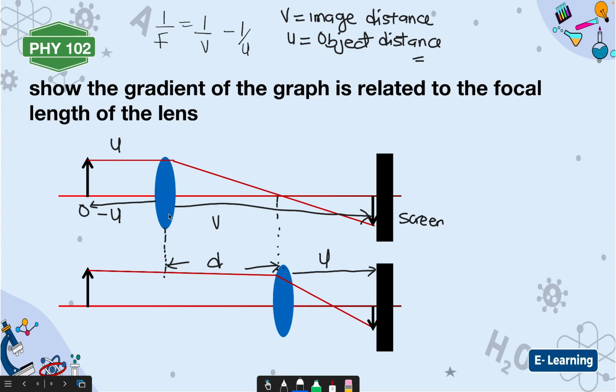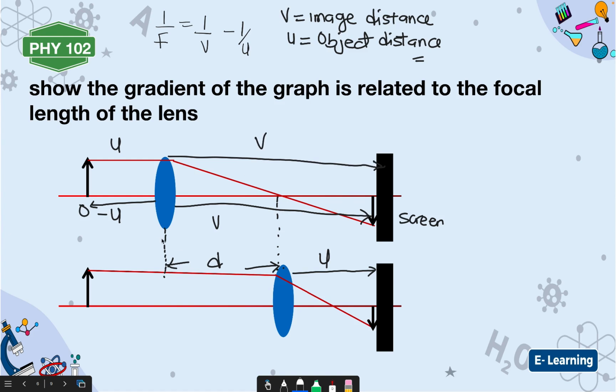In the same vein, we also said earlier that from here to there, which is these two places we marked here, is our D. Are you getting it? Now, do you know that from this position to this image here is still our V? Because we said that from here to here initially was V.